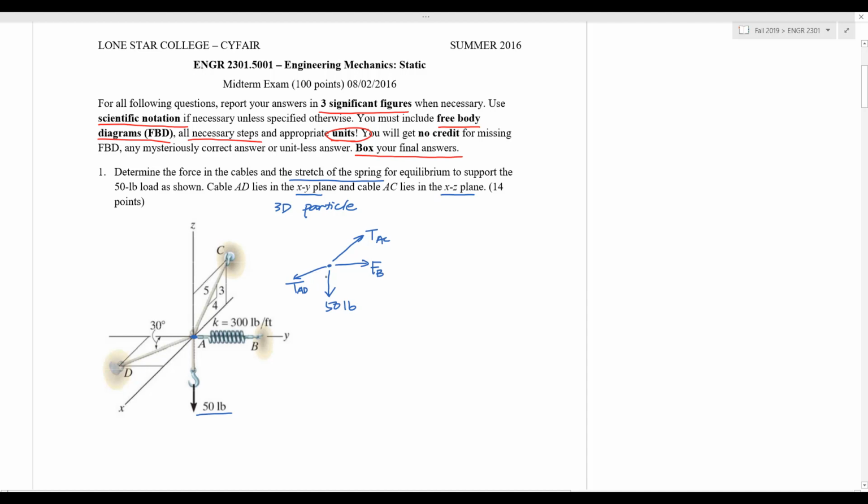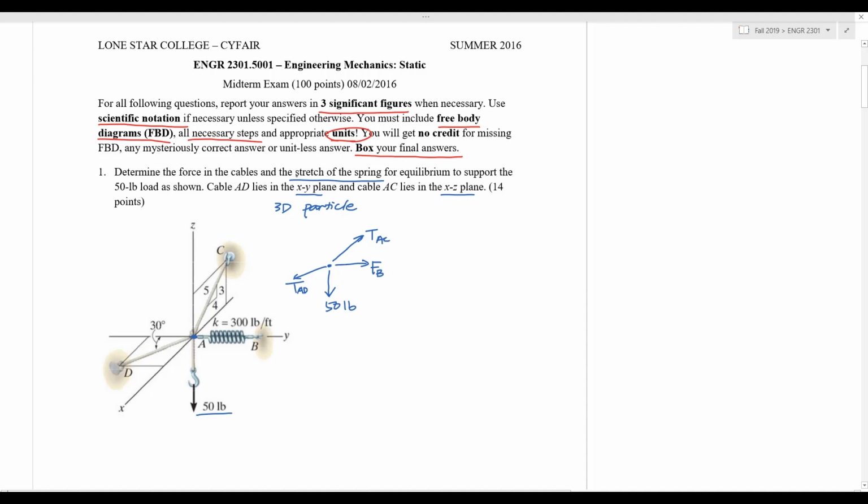So the next thing you want to do is to represent your forces as vectors, and then we will add all the vectors together, and we will apply Newton's first law to set the vector equation to 0. For a 3D particle equilibrium problem, that translates to 3 scalar equations all set to 0, and then we will have our system of 3 equations, and from there we can solve for 3 unknowns.